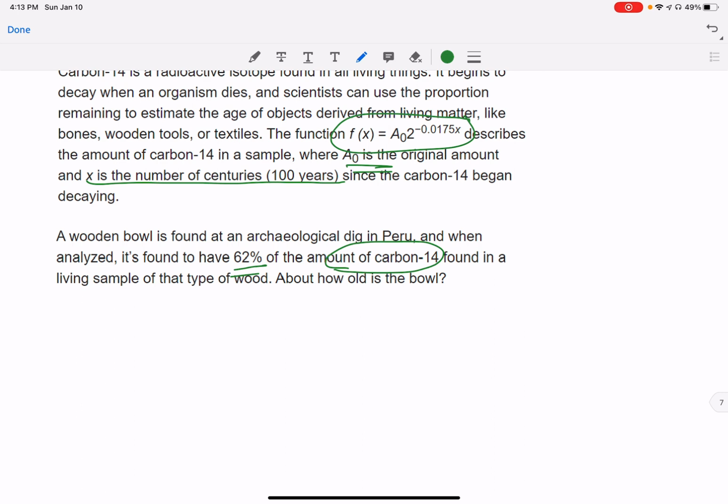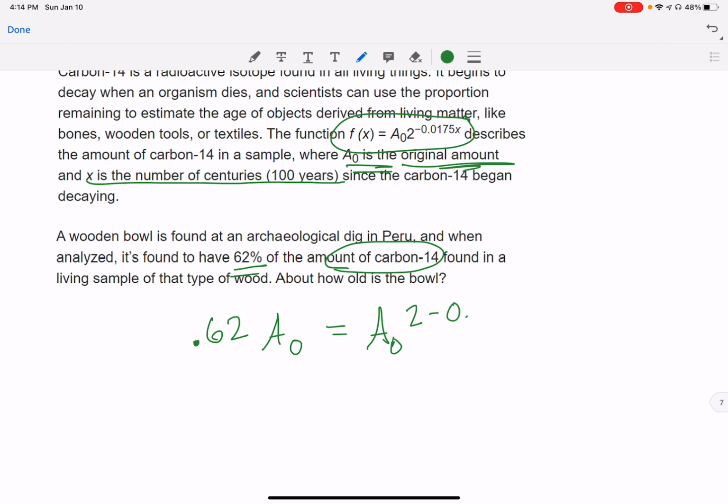So because we're looking at 62% of the amount of carbon-14, we are going to have to take 62%, turn it into a decimal, and that's going to be multiplied by that A-naught because that's the amount of carbon. Remember, that's the original amount. So we're looking for 62% of the original amount, and then that equals the original amount.